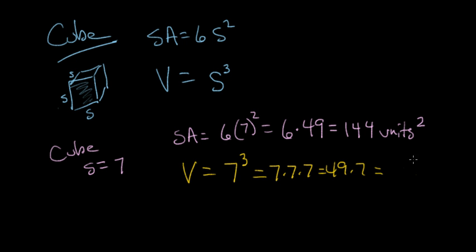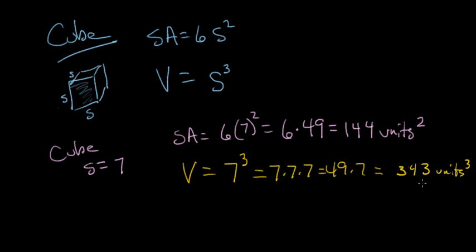My writing utensil is getting away from me. 343. My bad. I'm going to blame it on old age. Can I blame it on old age? Okay. So it's 343 units cubed. And that's how that works.